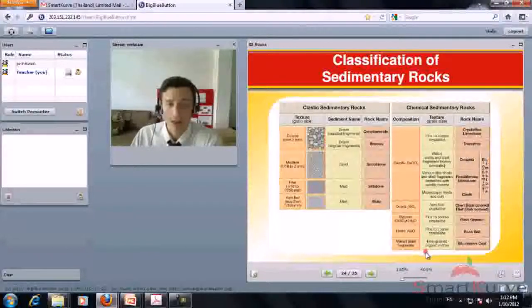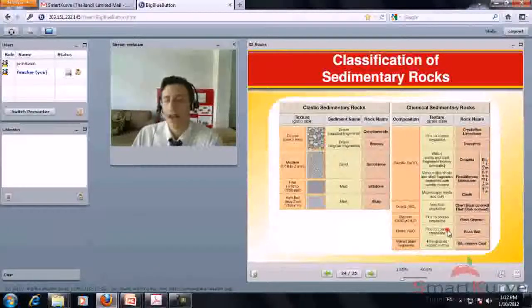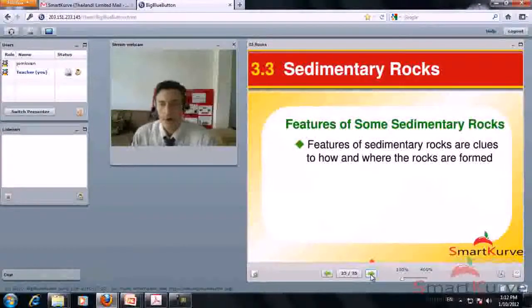That's sodium chloride. And then the final category there, the different organic matter that can become rocks. And that's what becomes coal. When organic matter is dissolved in water and then settles underneath a layer of sedimentary rock, it becomes coal. All right. Let's move on.